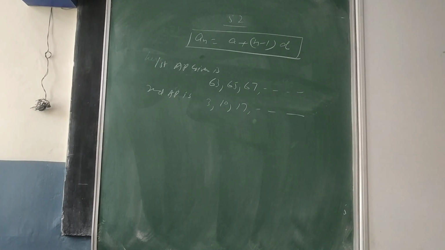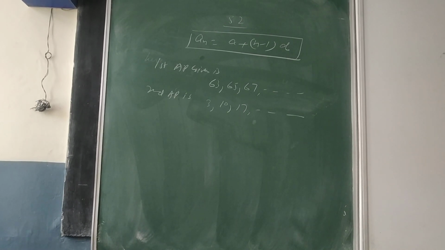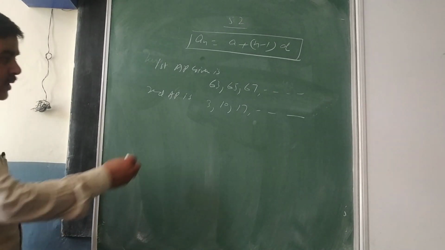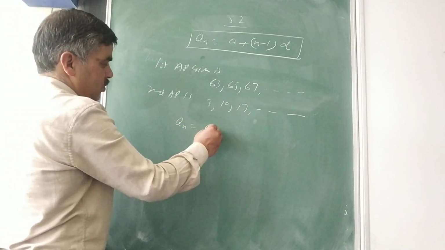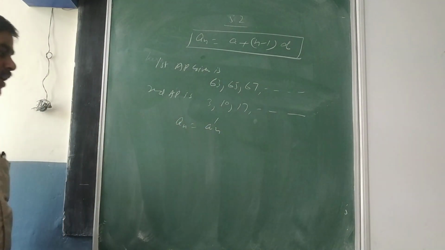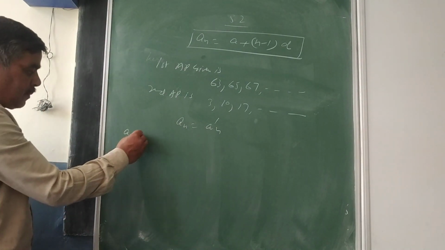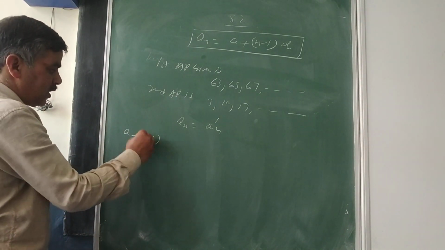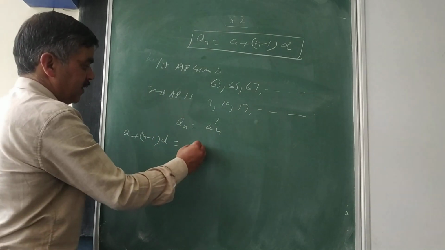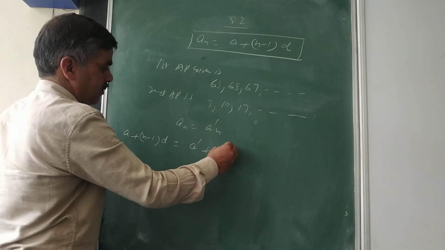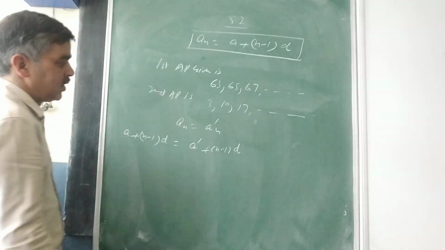So let the nth term in the first AP be a_n, and suppose I denote the first term of the second AP by a dash. You write down a_n for the first AP as a plus (n minus 1) into d, and here it will be a dash plus (n minus 1) into d.